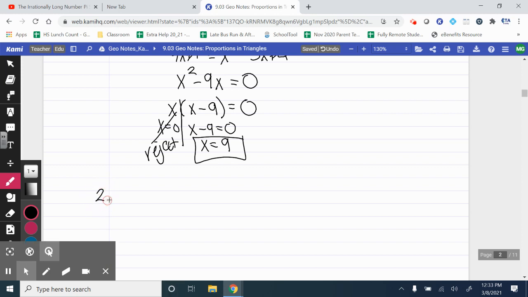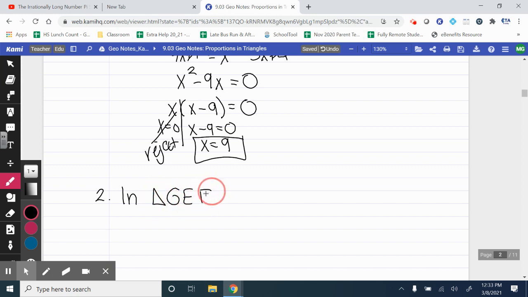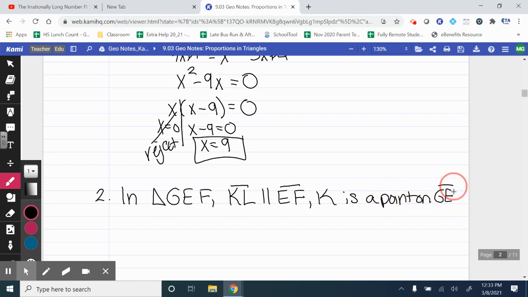All right, number 2. In triangle GEF, segment KL is parallel to segment EF. K is a point on segment GE.